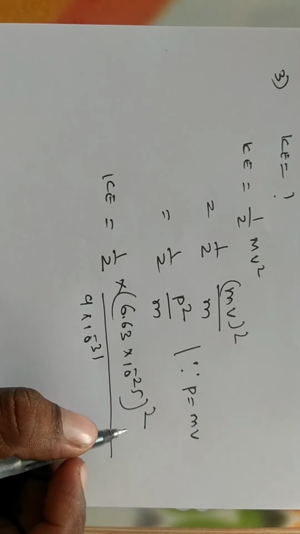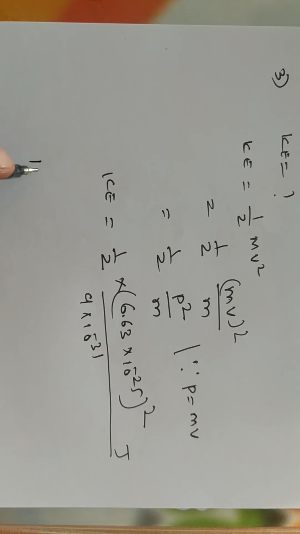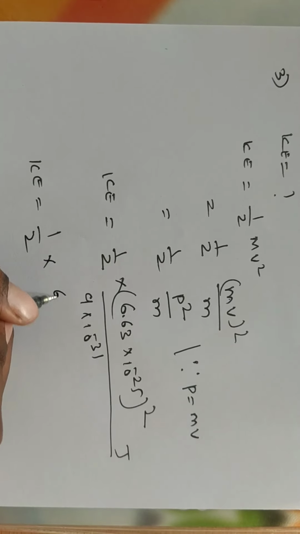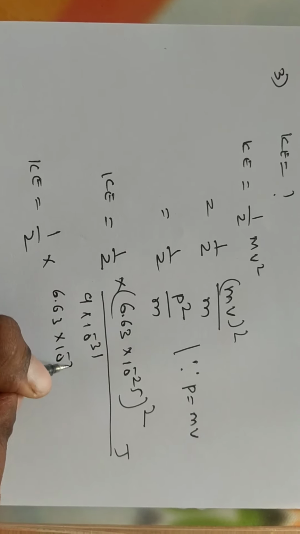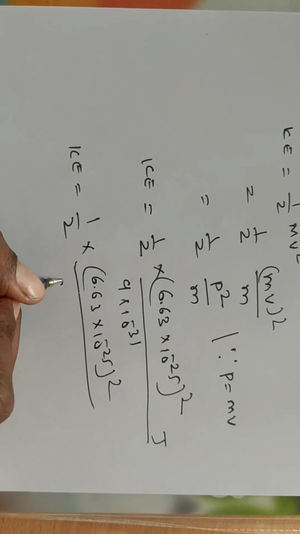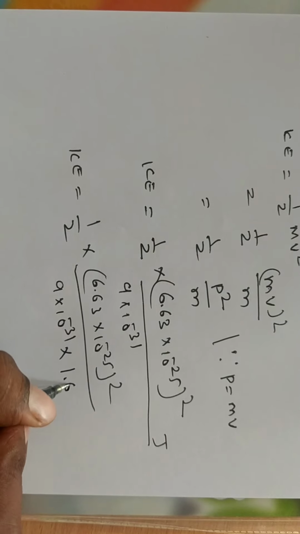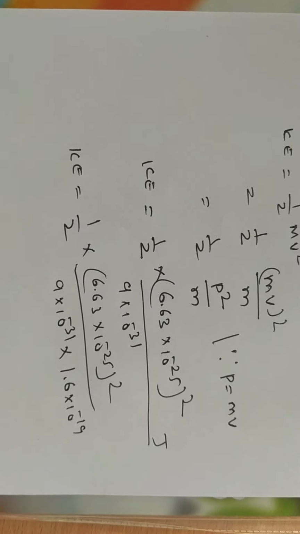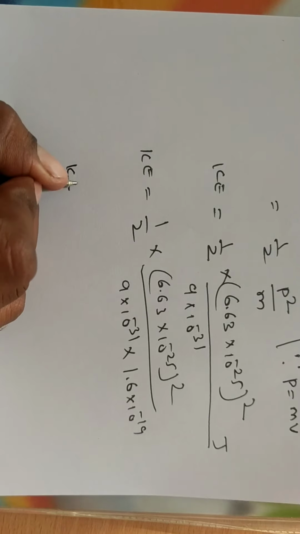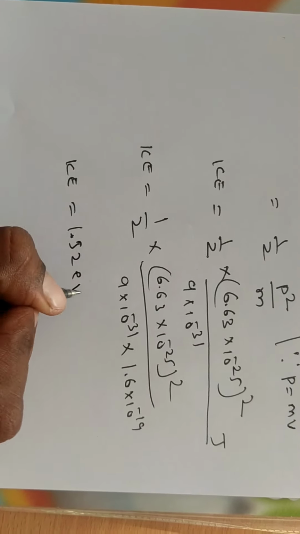Okay, this one is in terms of joule. Convert in terms of electron volt means half into 6.63 into 10 to the power of minus 25 whole square divided by 9 into 10 to the power of minus 31 into 1.6 into 10 to the power of minus 19. Kinetic energy is equal to, answer, 1.52 electron volt.